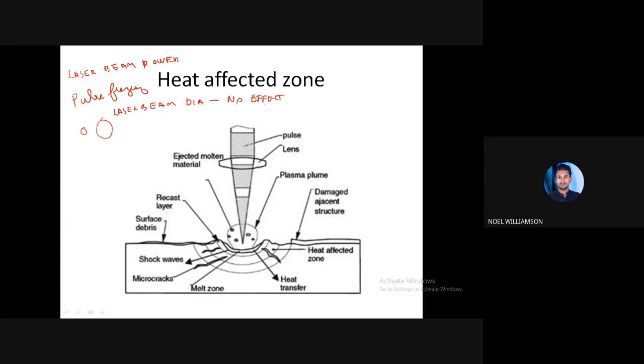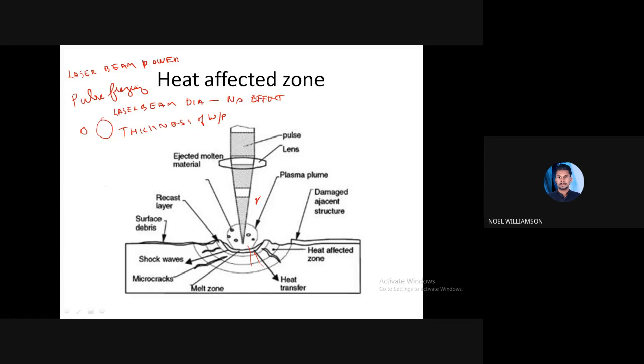And the heat affected zone depth increases with the thickness of the workpiece. As the thickness of the workpiece increases, the depth of the heat affected zone also increases.